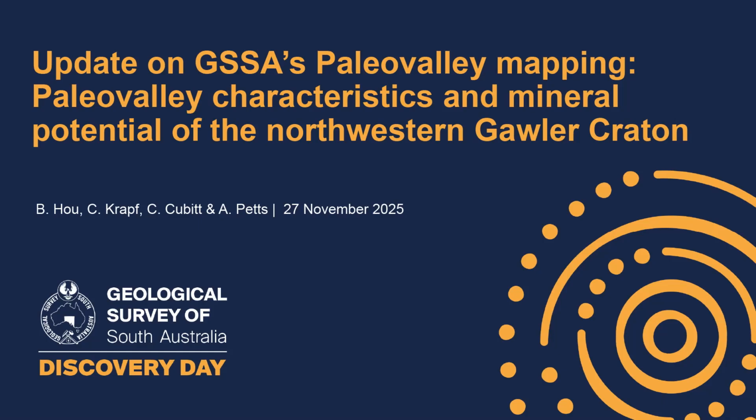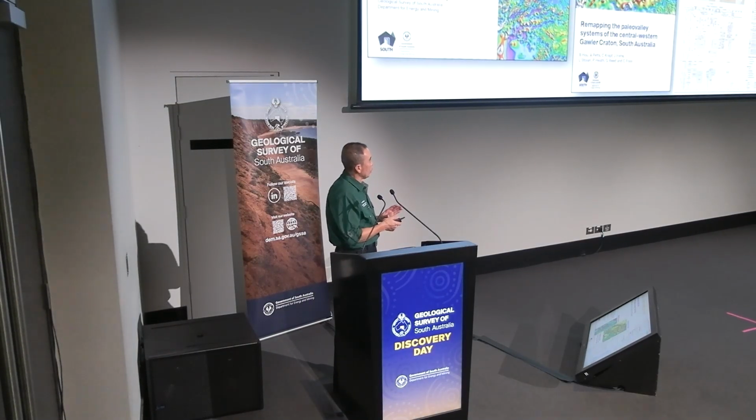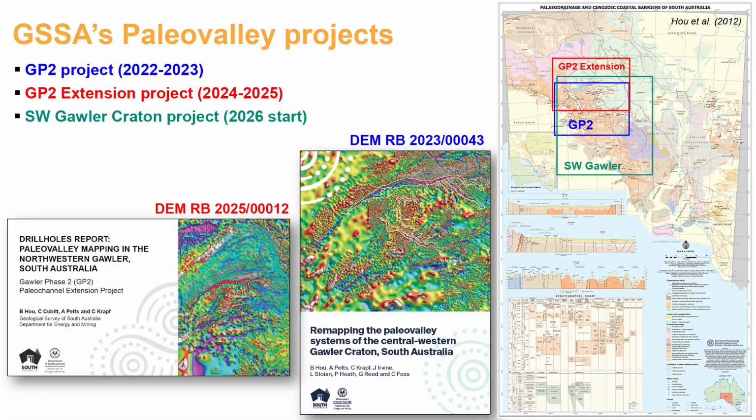This work is from our last few years working on the paleochannel mapping and paleochannel analysis in the central Gawler Craton area. It's mainly focused on the GP2 paleochannel mapping.